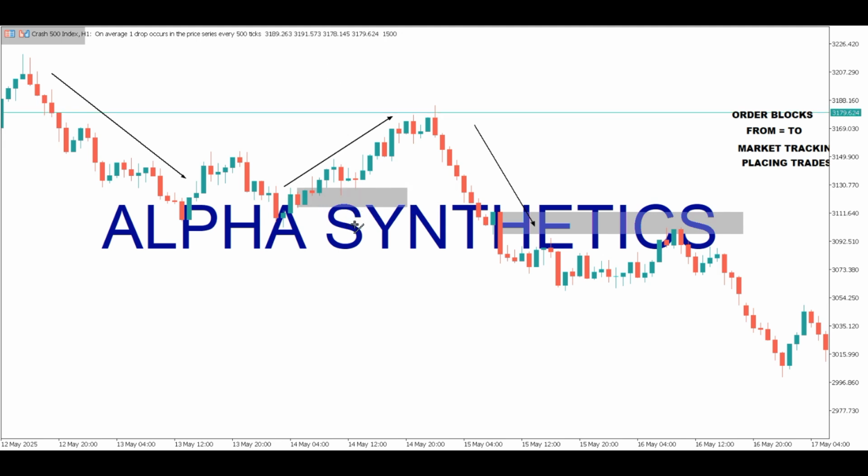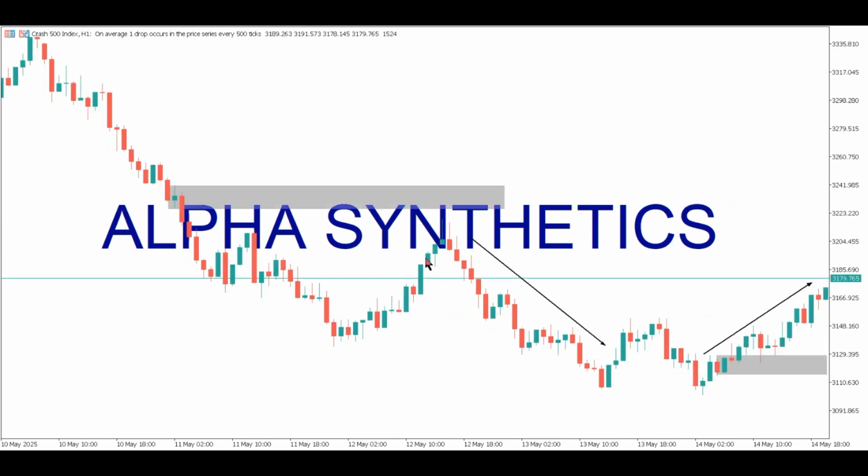That is how you know the market, once it breaks below the order block, is going to continue down. But it never broke below this order block, so it's going to continue on the uptrend. Now that we know the market is continuing on the uptrend, we look for the downtrend candle within the uptrend cycle.